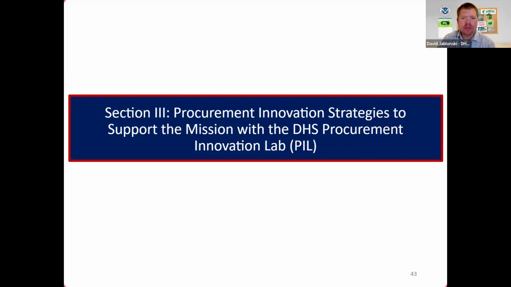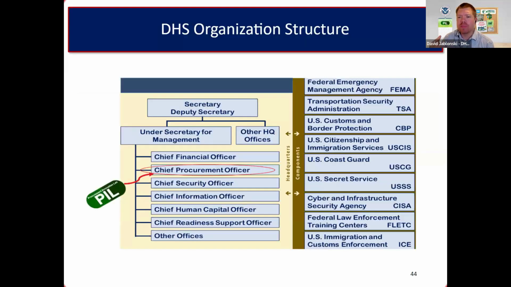So let's go to the next slide so we can learn a little bit about the DHS PIL and how we're structured within the DHS ecosystem. Within the DHS organization, you can see on the left-hand side here, this is all of DHS. On the left-hand side, we have headquarters functions, and you see here a big circle with our PIL logo pointing towards the Chief Procurement Officer.